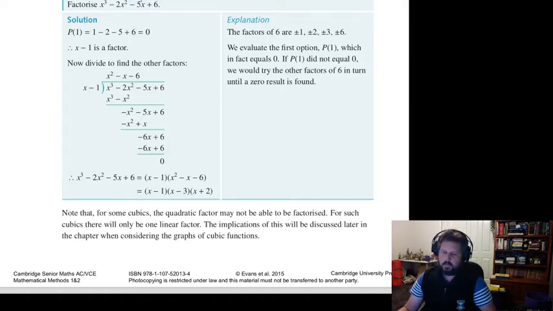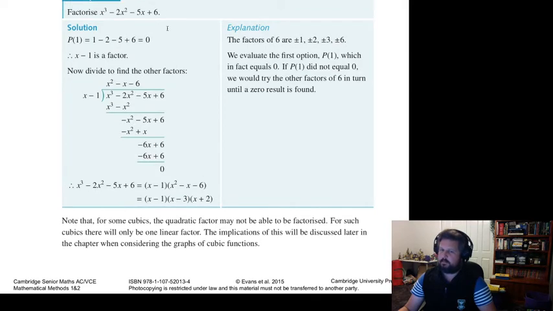So you're probably sitting there going, okay, well, what numbers am I going to guess will possibly lead to being a factor? What you need to do is consider this on the end here. In this particular case, we've got positive 6. I would be starting off by trying each of the numbers that is a factor of 6.